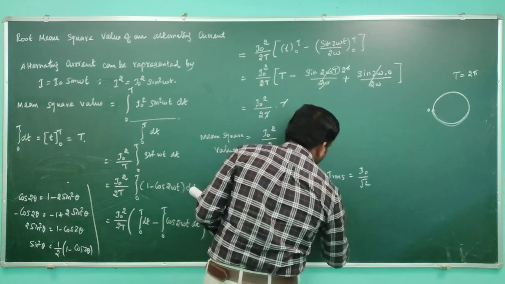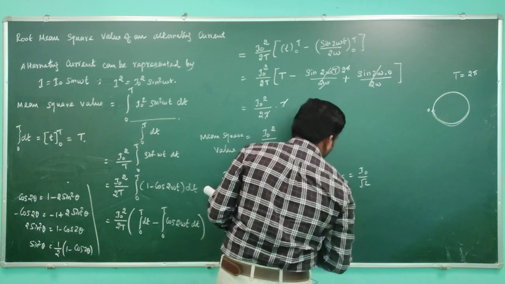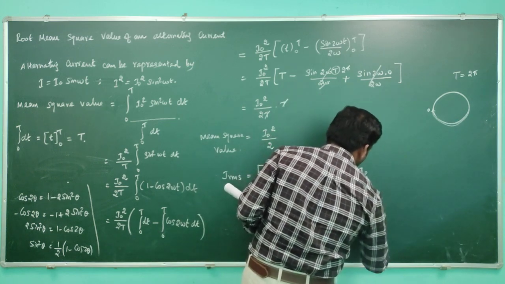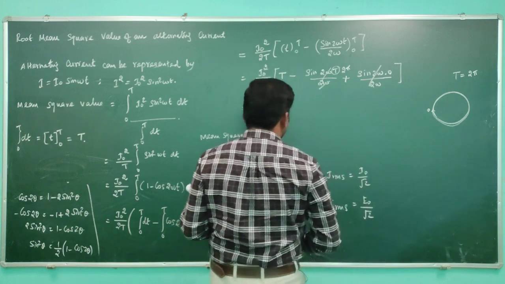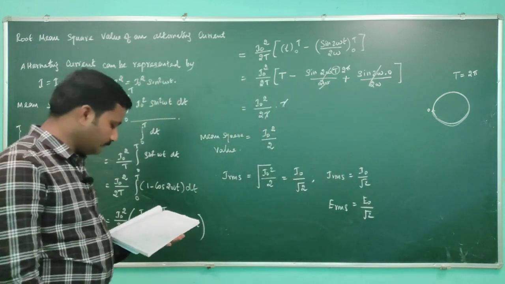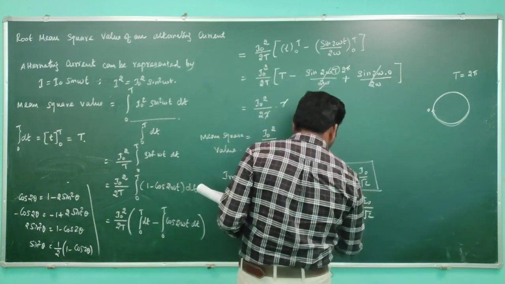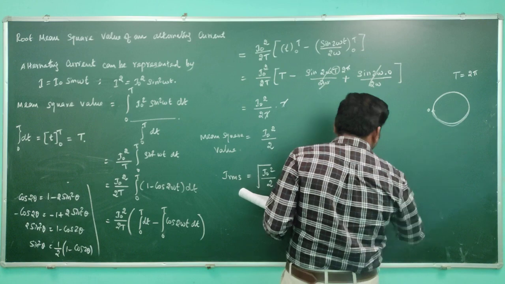If you recollect your previous root mean square expression for voltage, it becomes E naught by root 2. Alright, so these are the final expressions for the root mean square value of voltage and current.